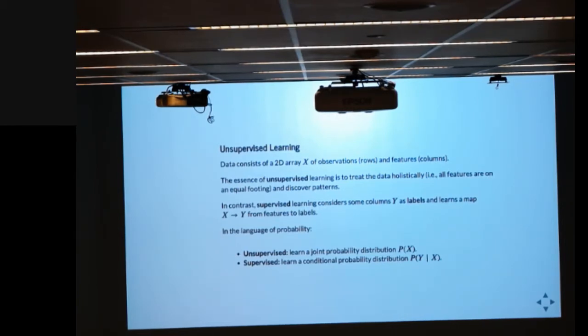So data has columns and it has rows. The columns represent the features that we measure, and the rows are the different observations or samples of our data set.